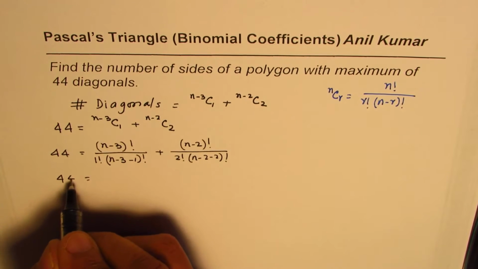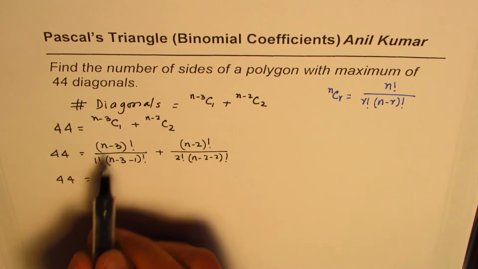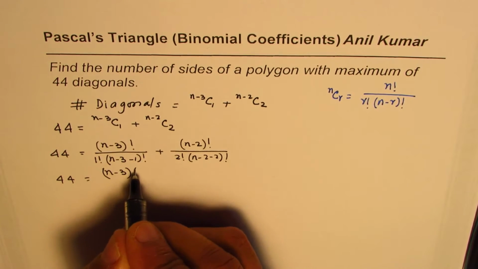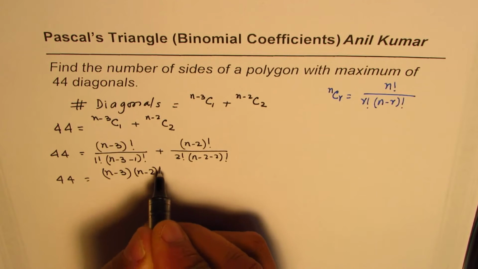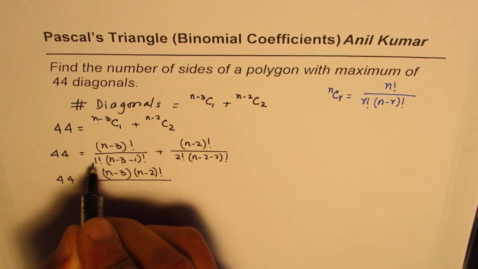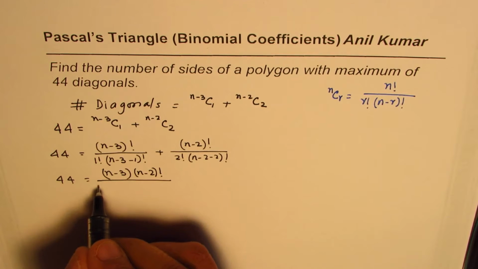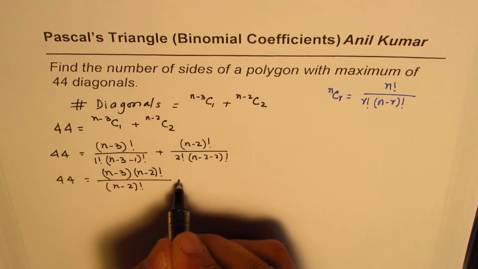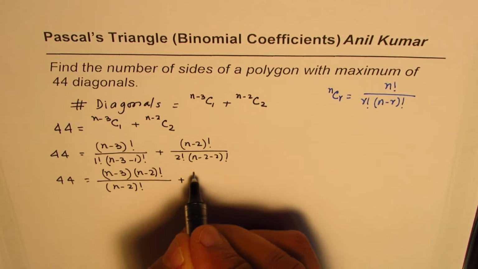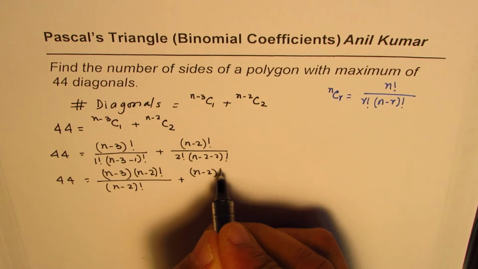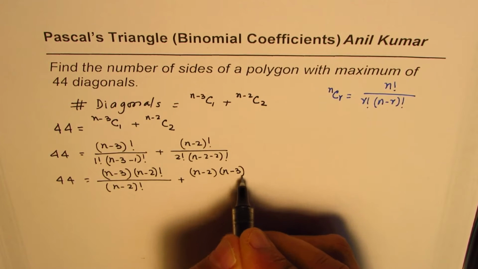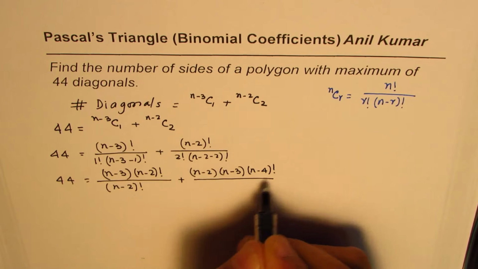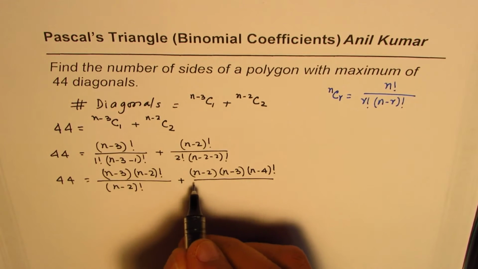Now we can write (n-3) factorial as (n-3) times (n-2) factorial, correct? Divided by 1 factorial is 1. And (n-2) factorial could be written as (n-2) times (n-3) times (n-4) factorial, right? 2 factorial is 2 times 1.